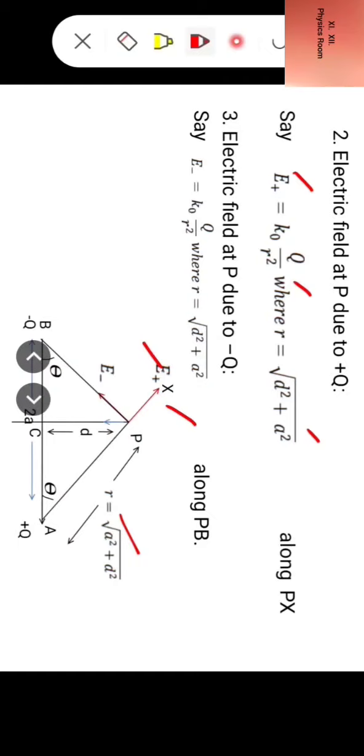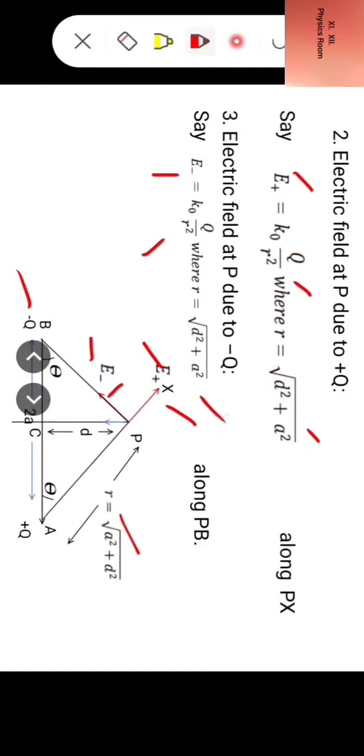Now we write the expression for electric field intensity due to minus Q. Electric field intensity at P due to minus Q, say E minus. This arrow shows E minus. E minus is equal to K naught Q by R square, where R is equal to under root D square plus A square.